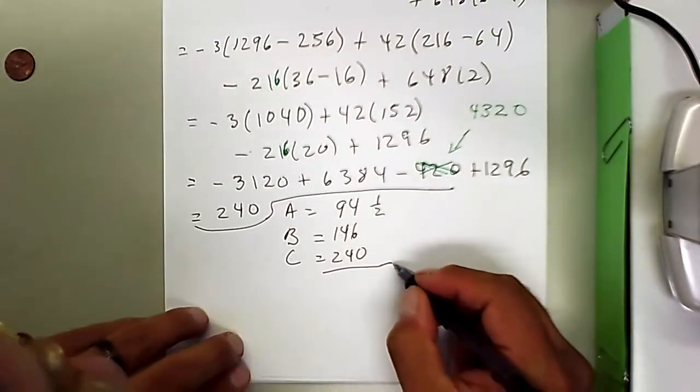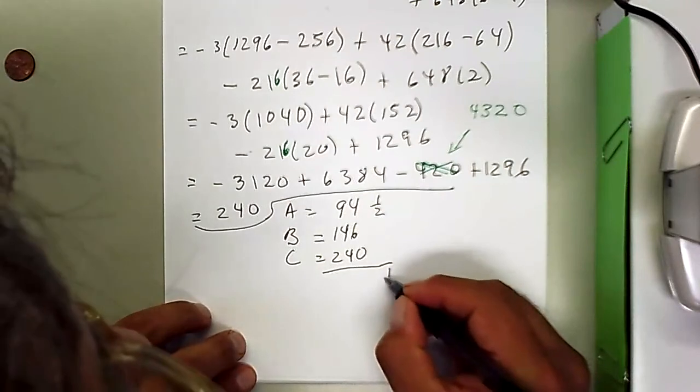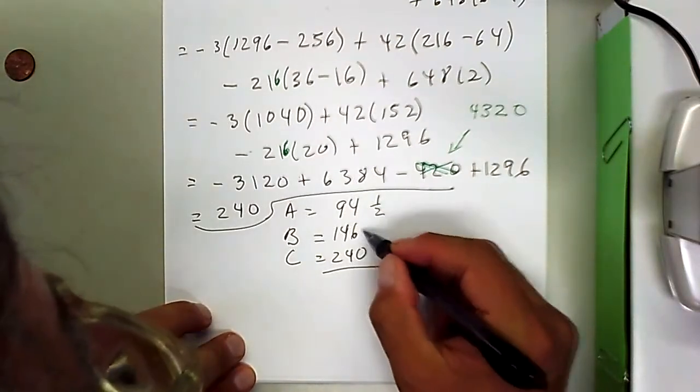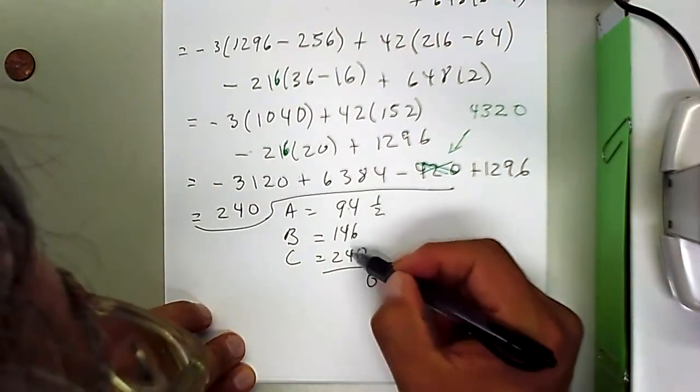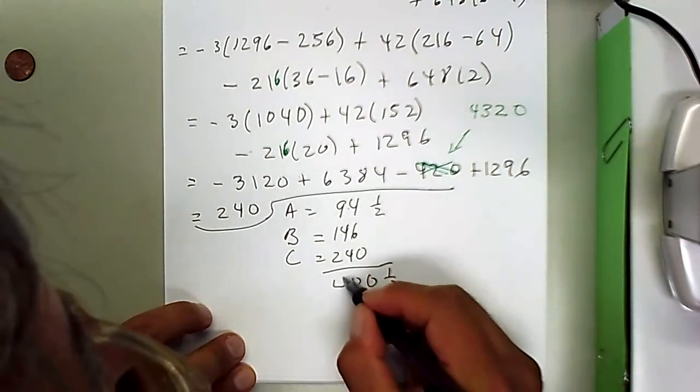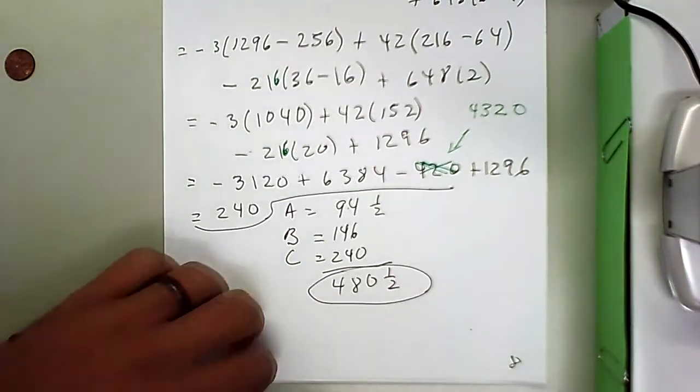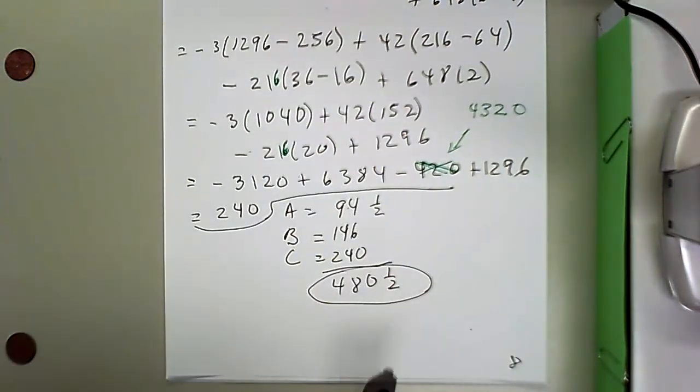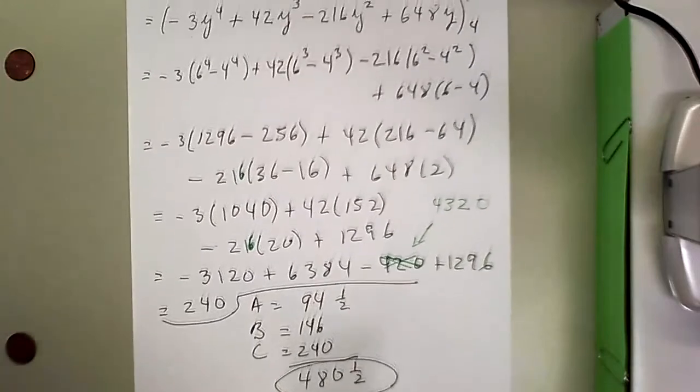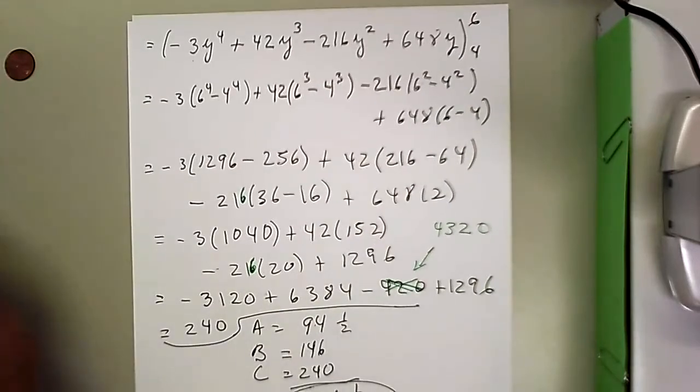We add all of that together, so we end up with a half. 4 and 6 is 10. We carry 1, 10, 18, carry 1, and sure enough, we get 480, which is exactly the same answer we got in example 1. We were supposed to have the same exact answer.